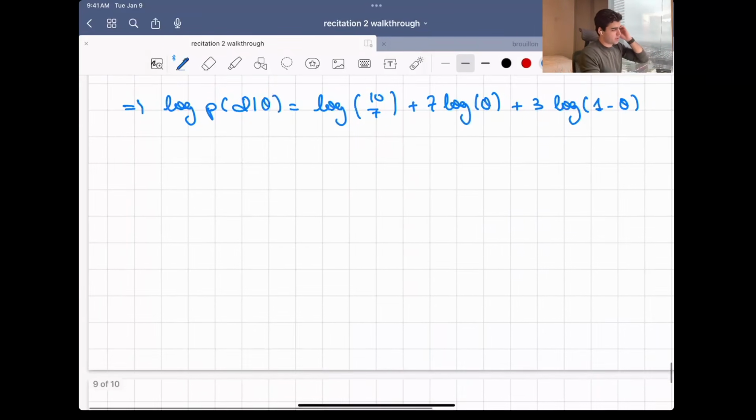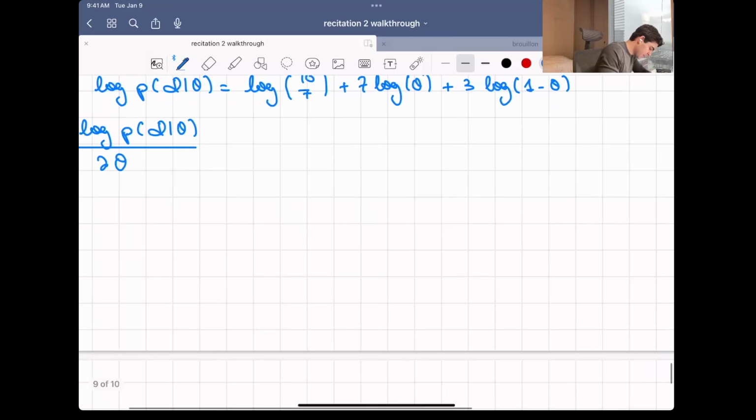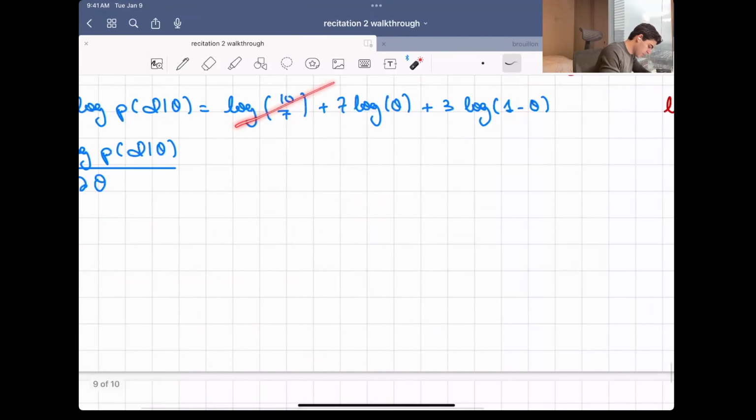Perfect. Now we have this. To maximize this, we want to take the derivative and set it to 0. So we take the partial derivative with respect to theta. The first term goes away because it doesn't depend on theta, so its derivative is 0.